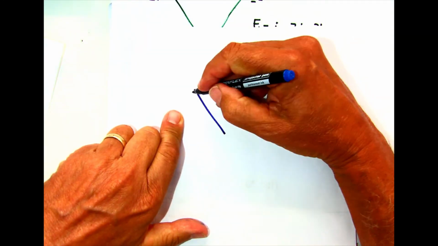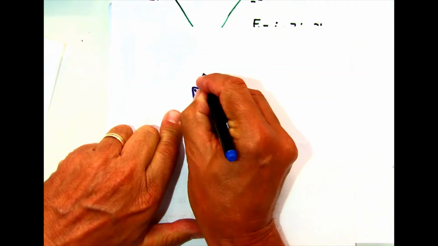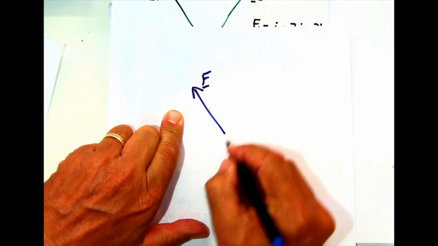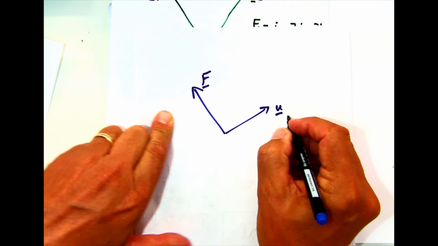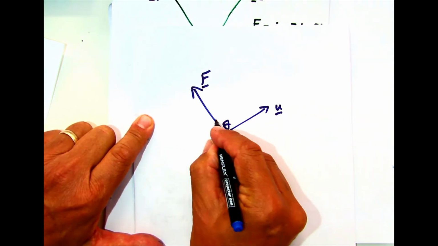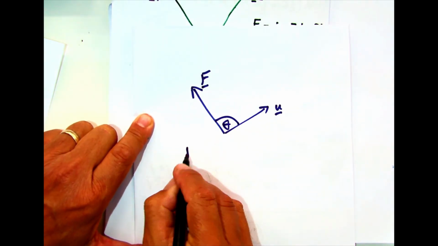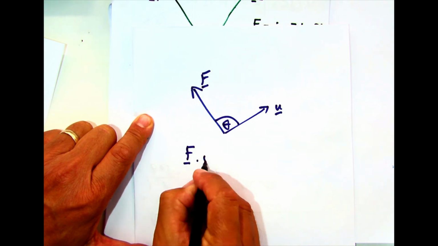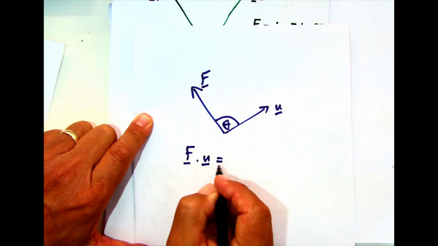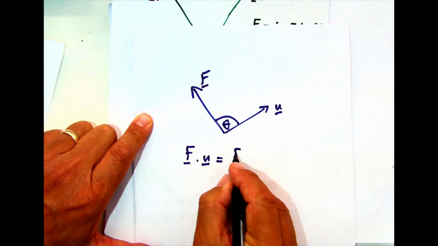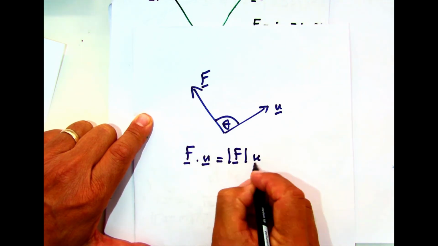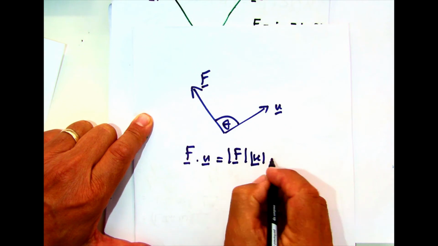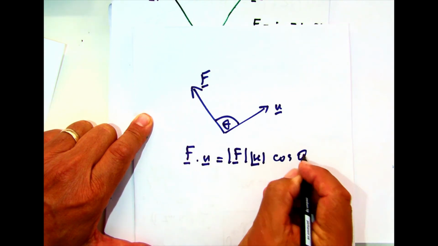So, okay, let's say I have a force F, and here I have a unit vector, and I want to know what that angle is. I say F dot U equals the magnitude of the first one times the magnitude of the second one times the cos of the angle between the two.